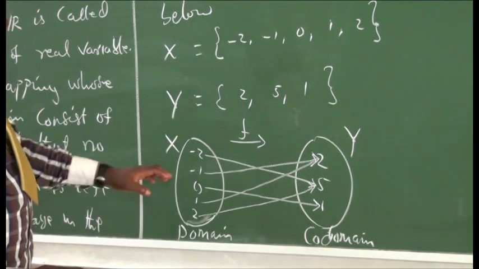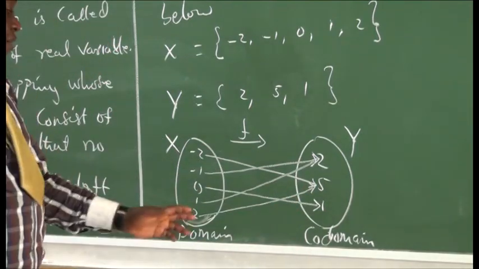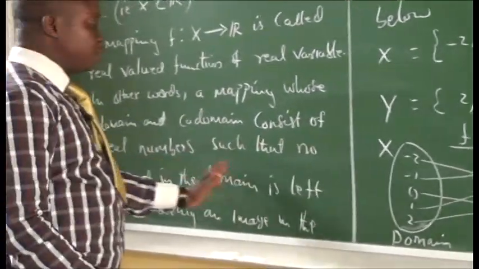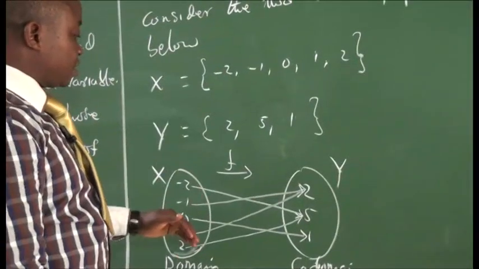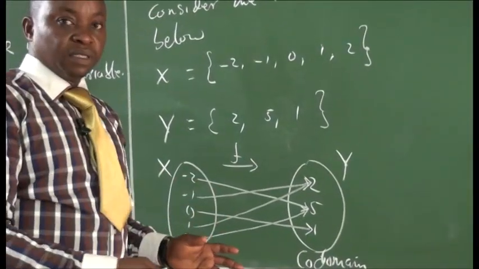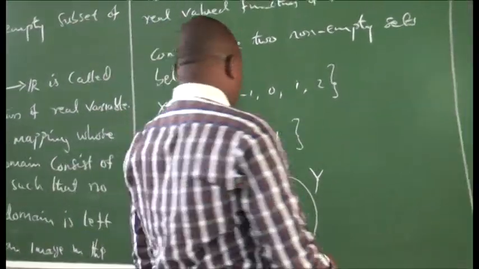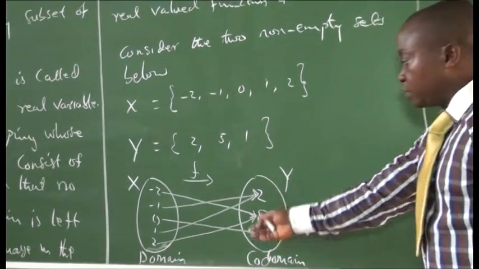You also see that the domain and the codomain consist of real numbers. So this is a mapping which results in a function of real variables. Okay, let us explain some things here.